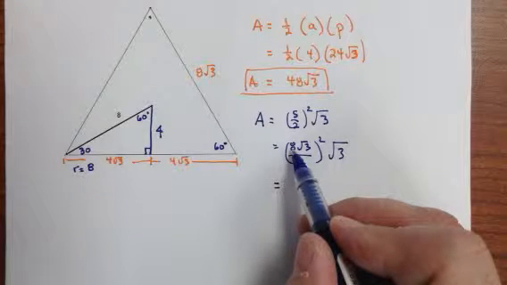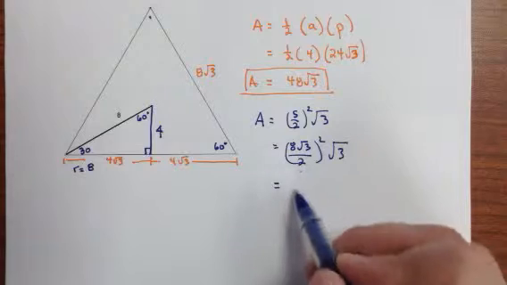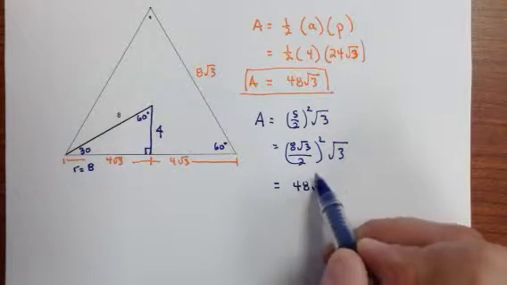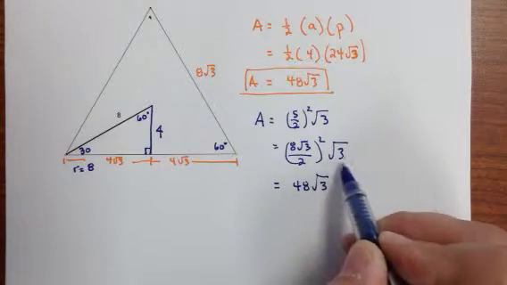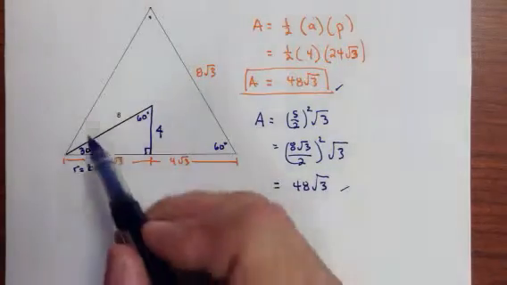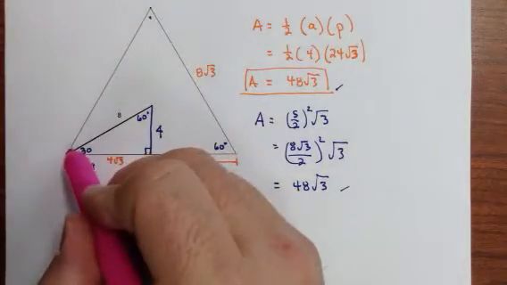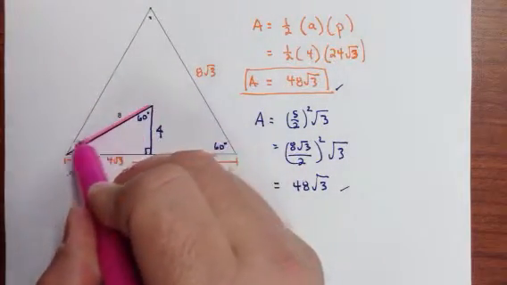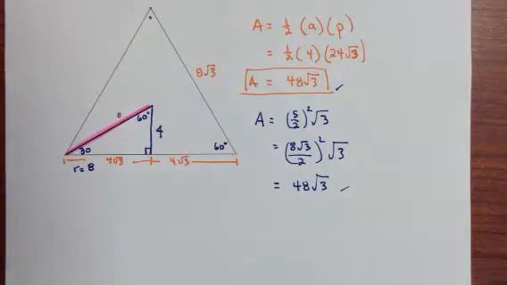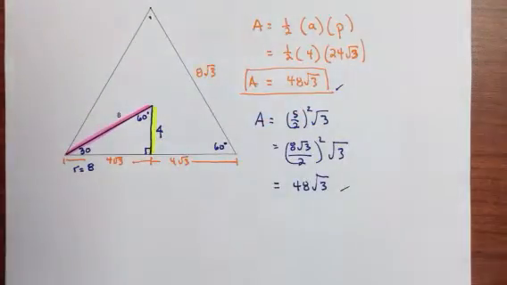Well, 4 squared is 16. Radical 3 squared is 3. 16 times 3 is 48. We didn't do anything to the radical 3, so we're in the same place. All right, so remember, we have a radius of 8, and we found the apothem is 4.